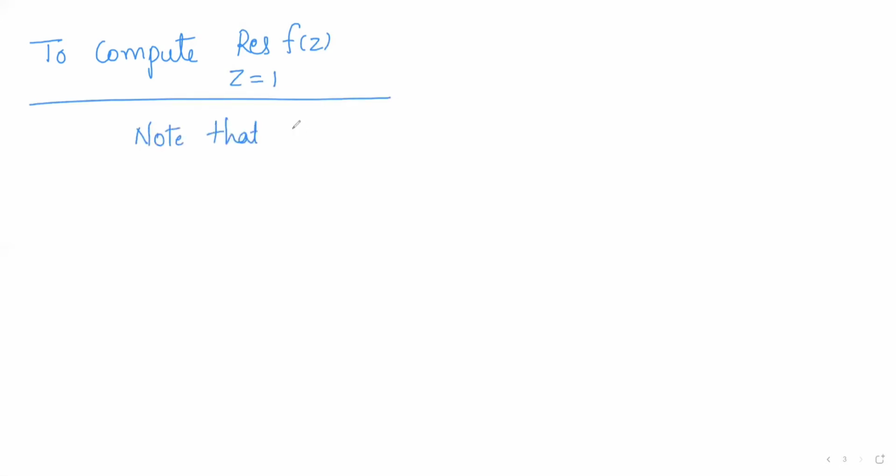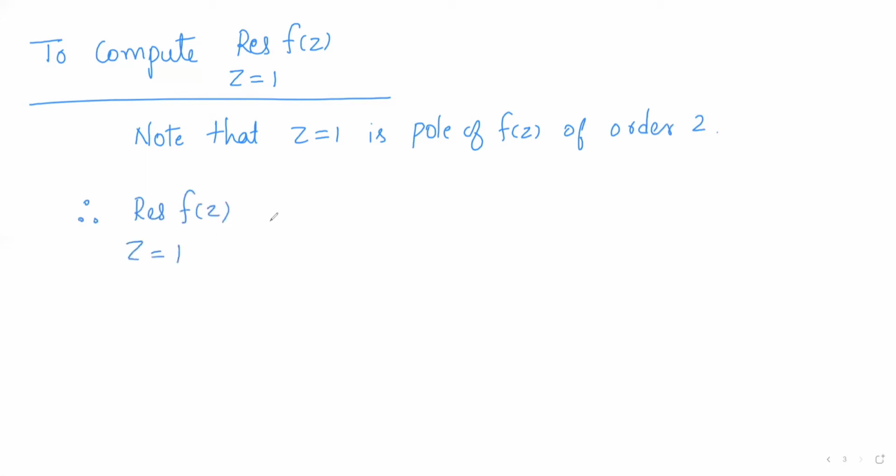So now to compute the residue of f of z at z is equal to plus 1, first we note that z is equal to 1 is a pole of f of z of order 2. So therefore, residue of f of z at z is equal to 1.